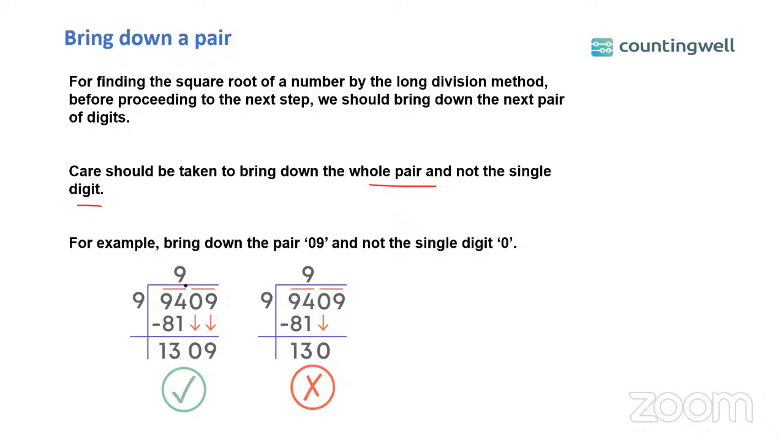In the first image, you can see we have brought down 09, while in the second image only 0 has come down. This is not the correct way because we are using the long division method of square root, not regular division. So the first image shows the correct way and this is the wrong way.